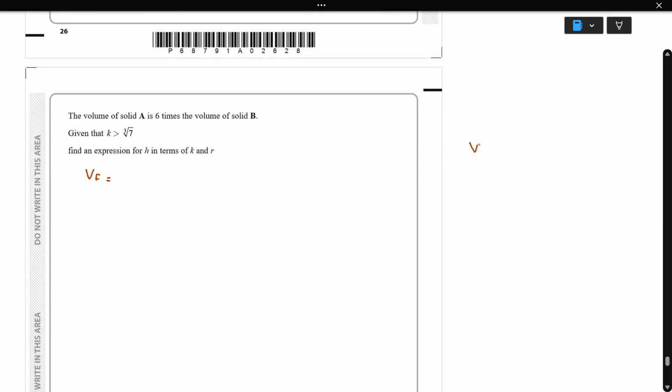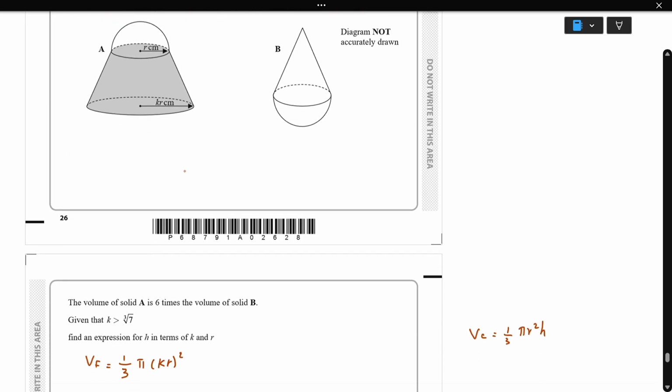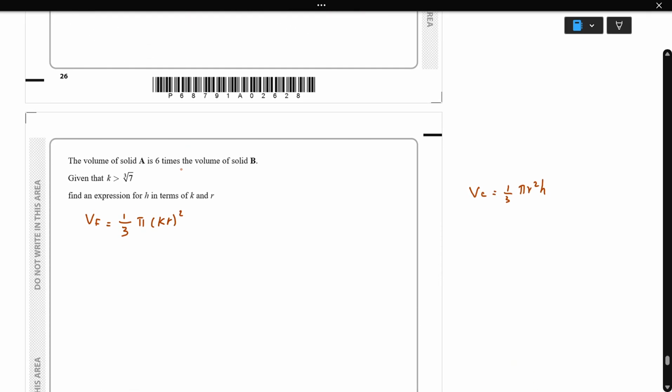The volume of a cone formula is 1 by 3 pi r square h. The formula must be given in the formula sheet. So the volume of the entire cone is 1 by 3 times pi times kr square, because the entire radius is kr, times the height kh.